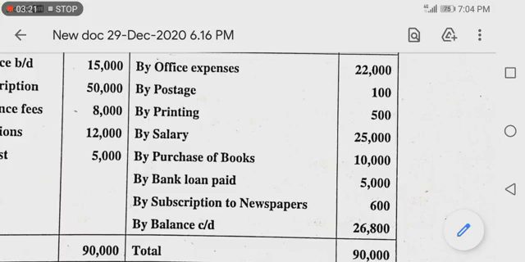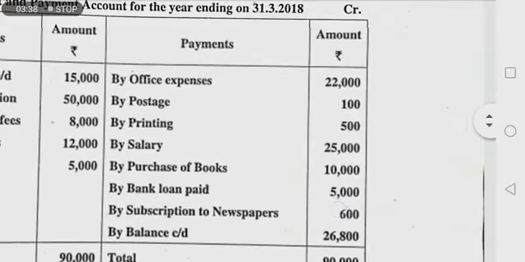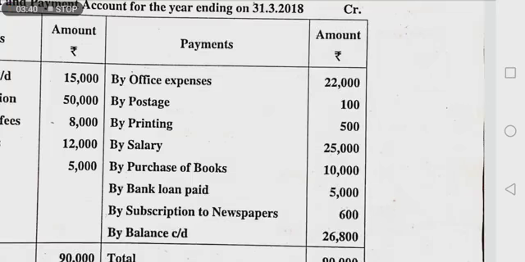And salary means payment for the employees who work for the organization. Whatever payment is done by the organization to the employee is known as salary, a kind of expense. As well as purchase of books, books purchased for the college, it is a kind of asset.